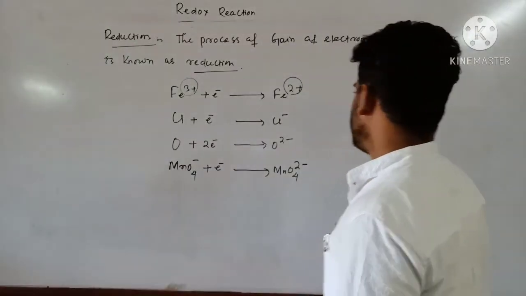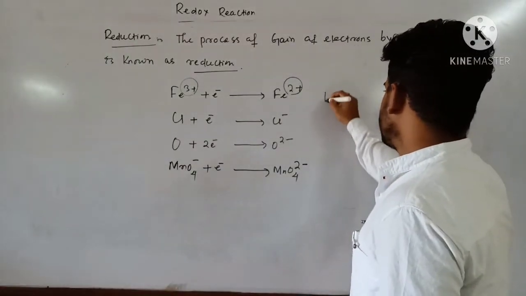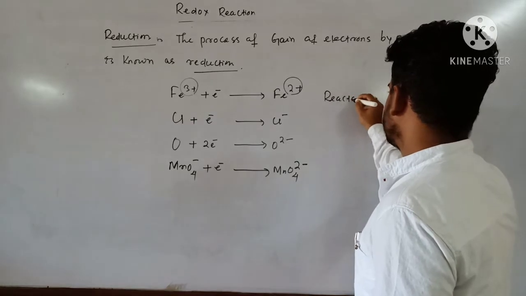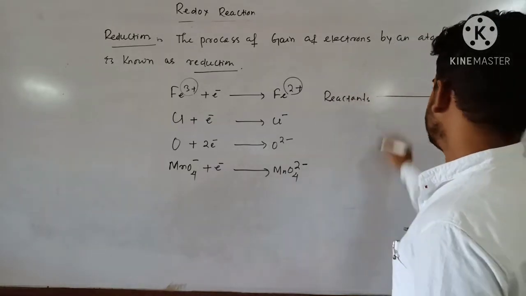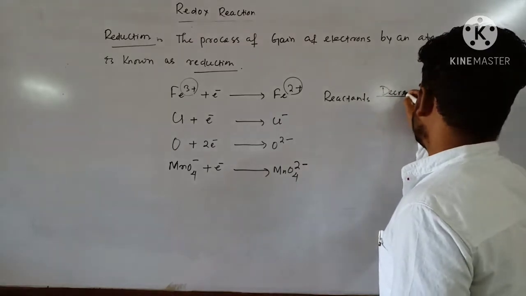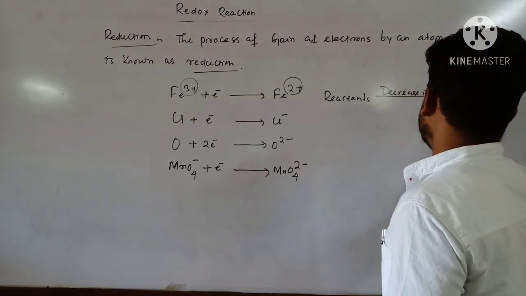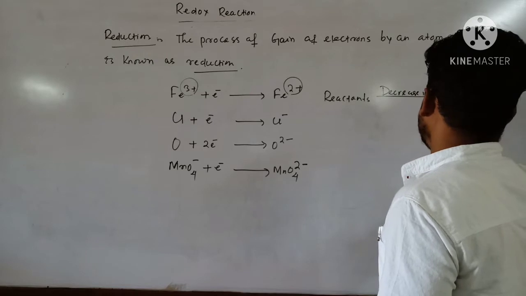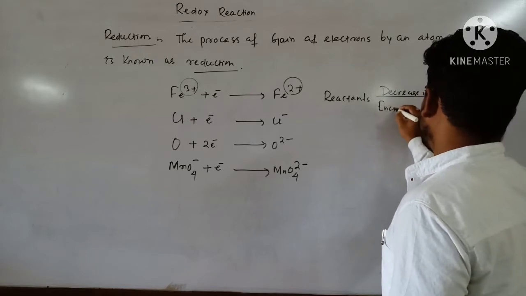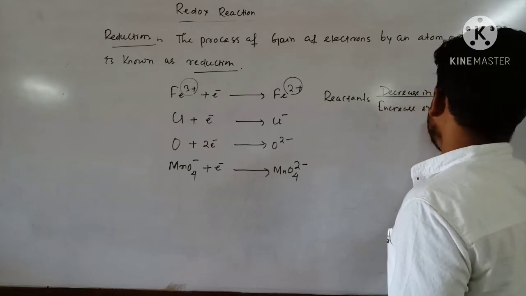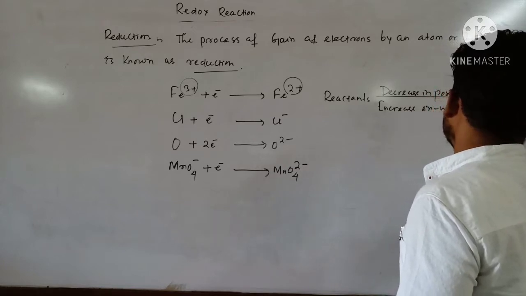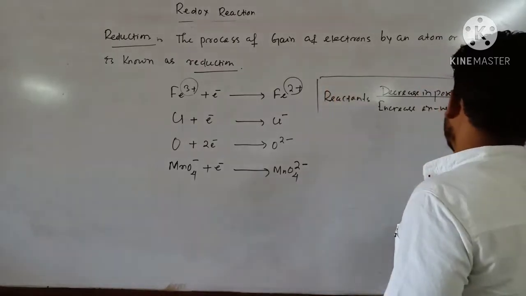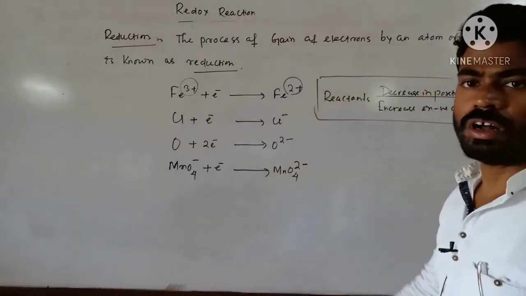So reduction can be defined as, let's say these are reactants, a decrease in positive charge, or I can write an increase in negative charge. These are products, and this process is called reduction.